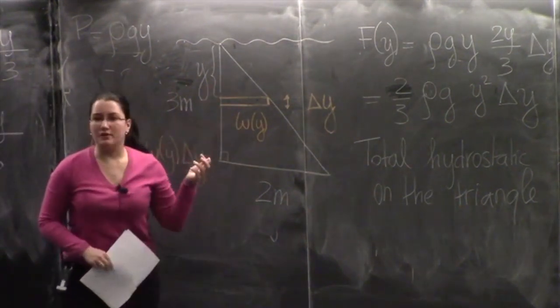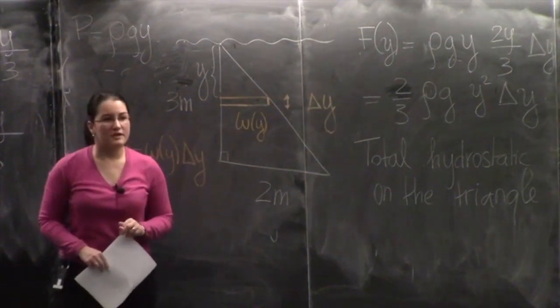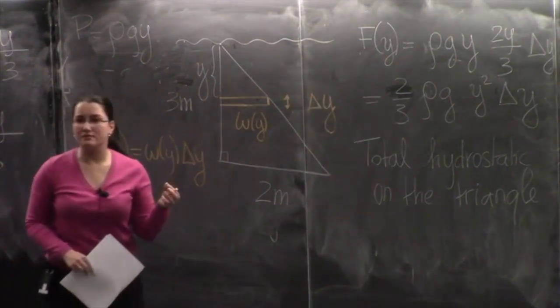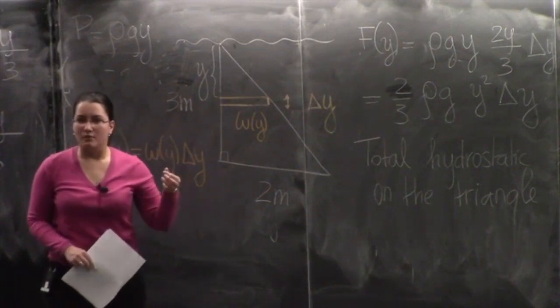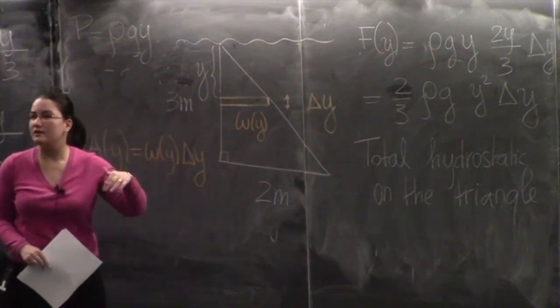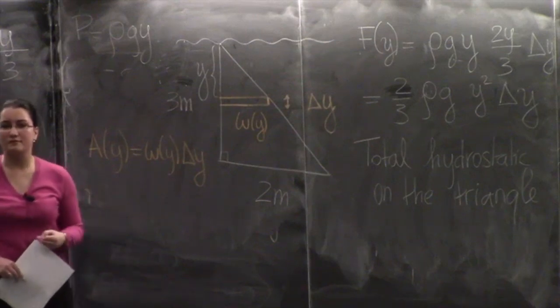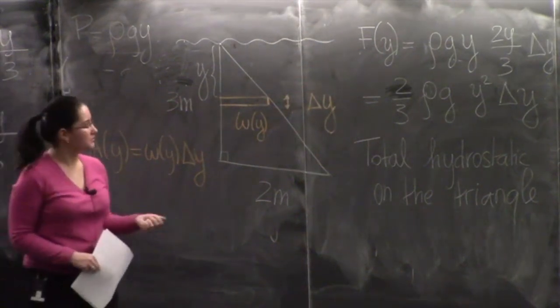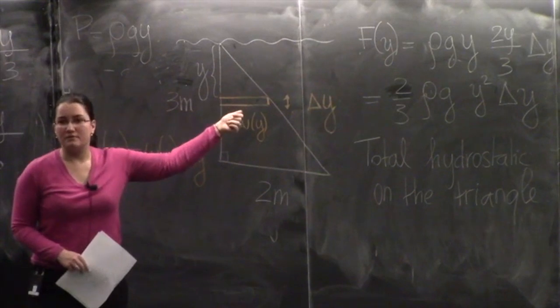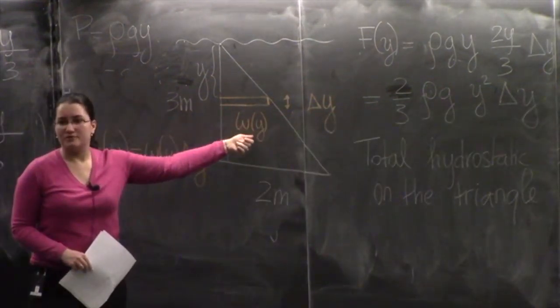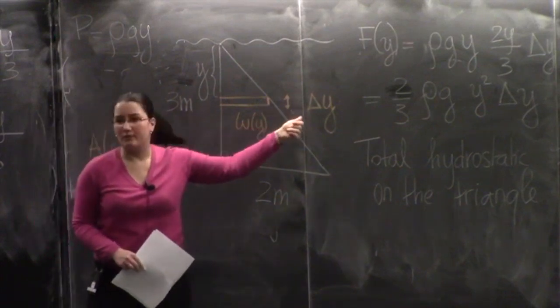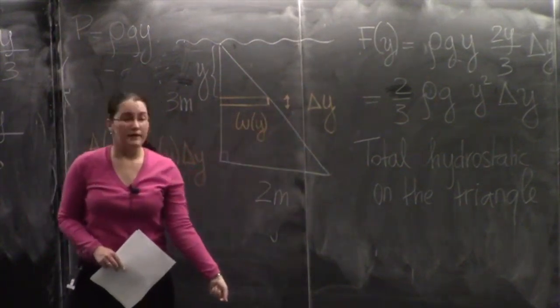And then to approximate the hydrostatic force on the side of the triangle, what I need to do is just to approximate the triangle by thin strips, which sit roughly, well, all points on the strip sit roughly at the same depth underwater. So this is an example of such a strip. It has width W of y, which depends on y, height delta y, same for all strips.